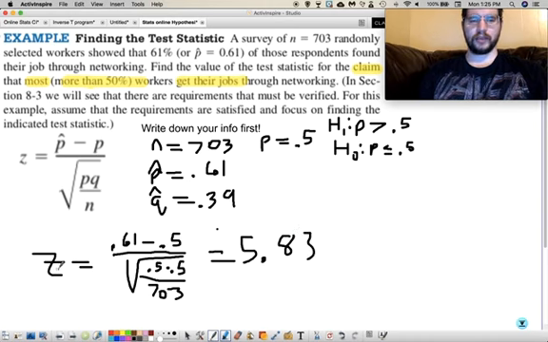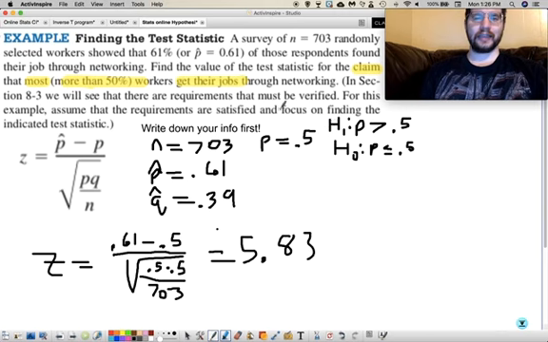Knowing what these test statistics are, these z-scores, if you remember back in the day, that 5.83 represents how many standard deviations away from the mean we have. So that's way out there. If you remember, 2 standard deviations away was unusual. This is almost 6 standard deviations away. So that's definitely unusual.